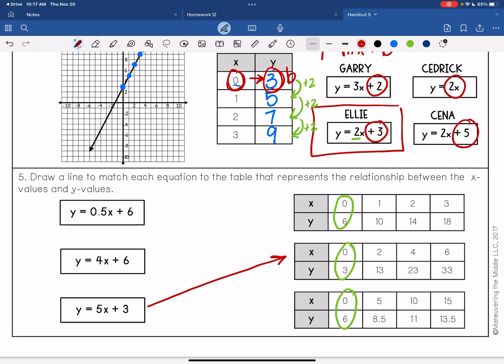Okay, now I've got to worry about my 6's. I'm going to need to find m for each of these tables to figure out which equation goes where. So I'm going to start with this table on the top. So my x's, every time I jump in the x's, I'm adding 1. Every time I jump in the y's, I'm adding 4.